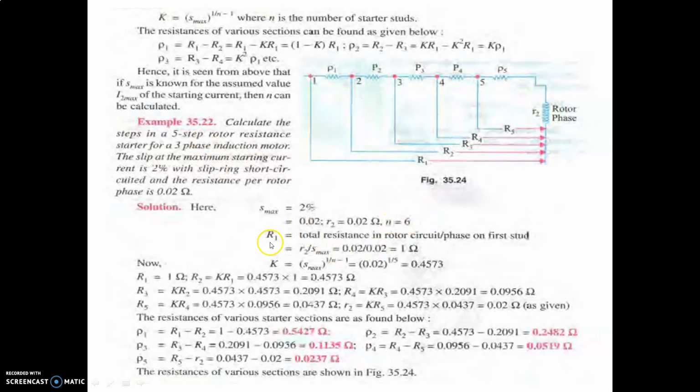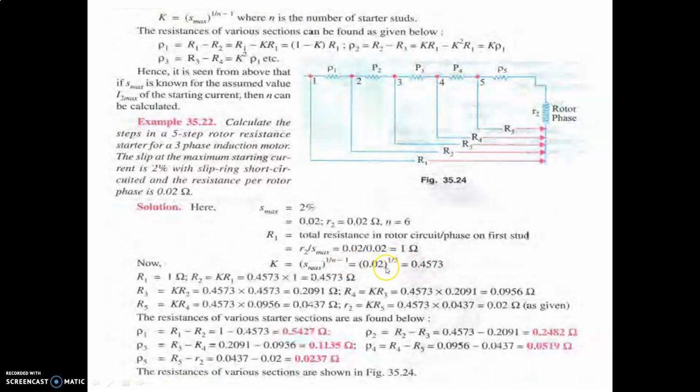First you calculate the value of R1. It is R2 by S max, and both values are given in the problem itself, so you get 1 ohm as the resistance. Then you calculate K, which is S max to the power of 1 by n minus 1, where n is 6, so it is 6 minus 1, 5.